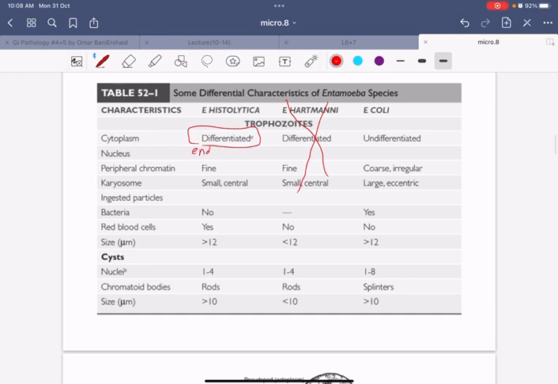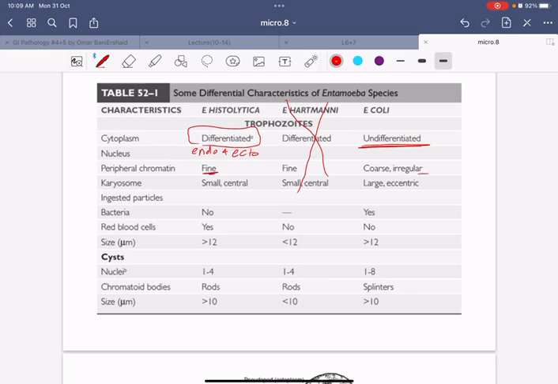In Entamoeba coli, it is undifferentiated. This is a difference. Nucleus. There is peripheral chromatin around the nucleus. In histolytica it is fine, arranged neatly. While in coli, coarse and irregular.